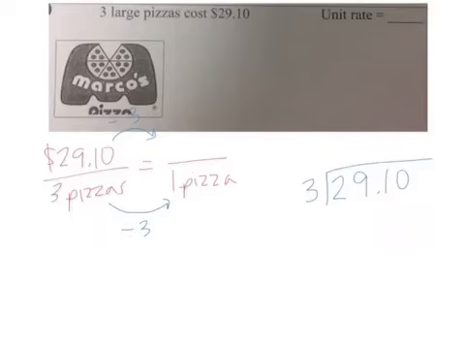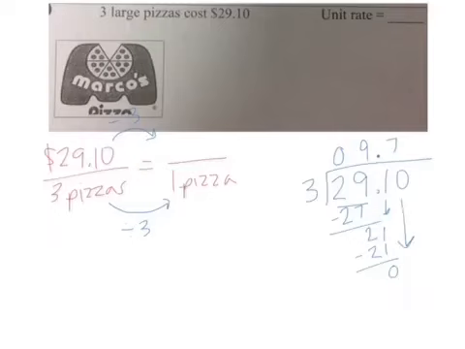So 3 goes into 2 0 times. 3 goes into 29. Let's see. 9 times, because 9 times 3 is 27. That leaves me 2 left over. I went ahead and raised that roof, so now I'm going to bring down my 1. 3 goes into 21 7 times, because 7 times 3 is 21. 0 left over.